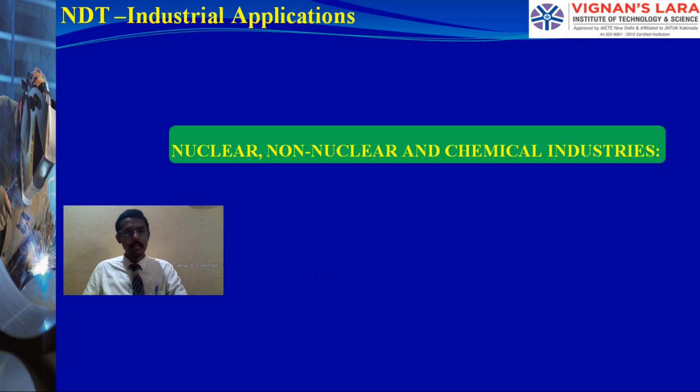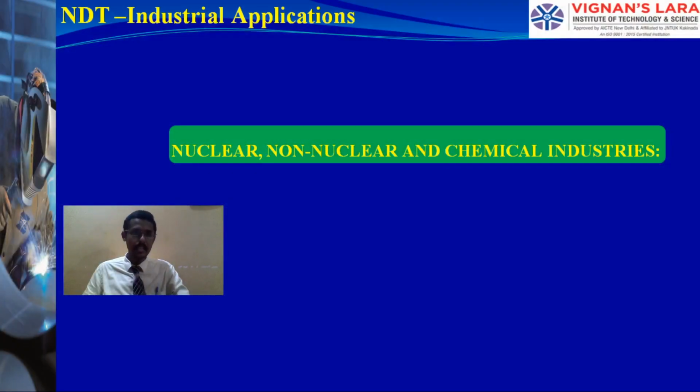The summary: in today's class we have seen a few applications of NDT techniques in various scenarios like railways and aerospace, and we have taken railways as today's case study. We have seen many pictures of where defects occur and what types of inspection tools are used.